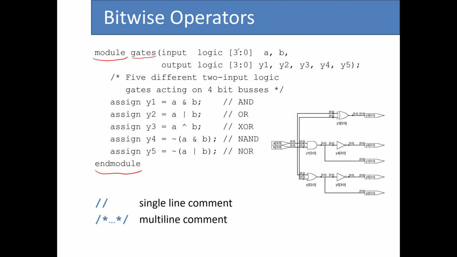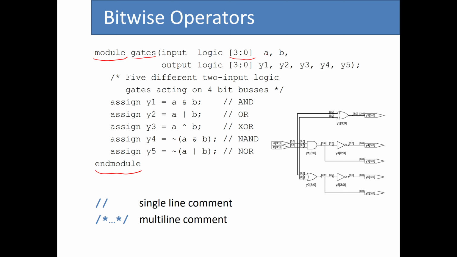And then something that you haven't seen before, this square bracket with 3:0 inside. This basically specifies that the inputs that we have here, A and B, are not only 1 bit, but in fact they are 4 bits. If you remember before, there was another way of showing 4-bit values by using subscript.